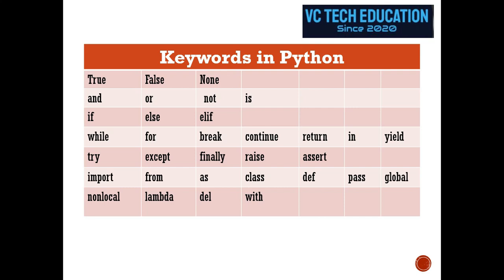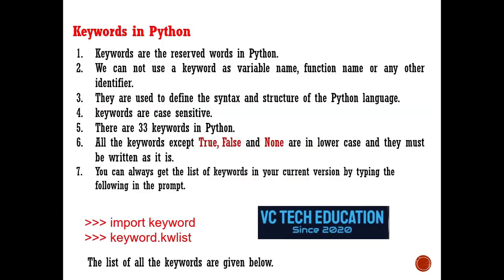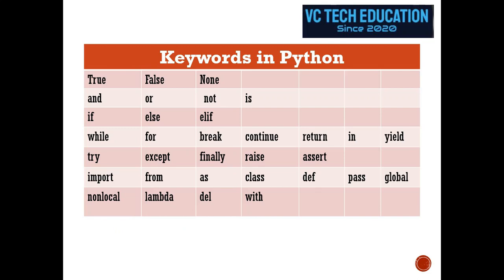True, False, None start with capital letters; all remaining keywords are in small letters.